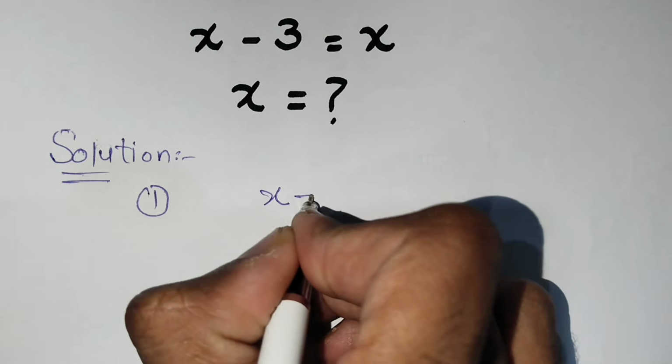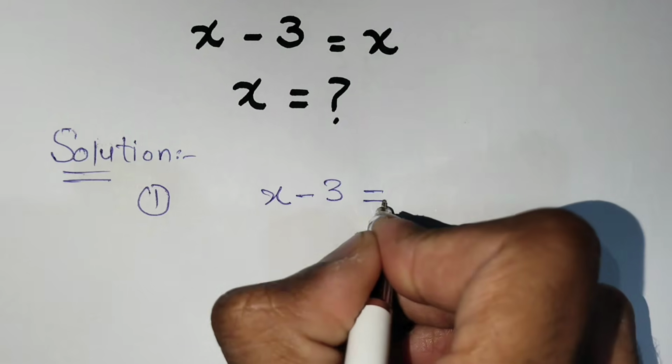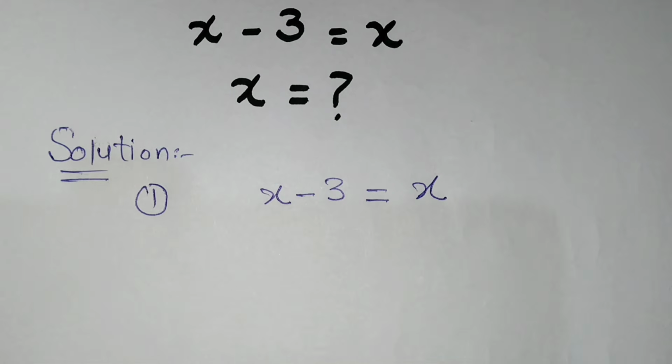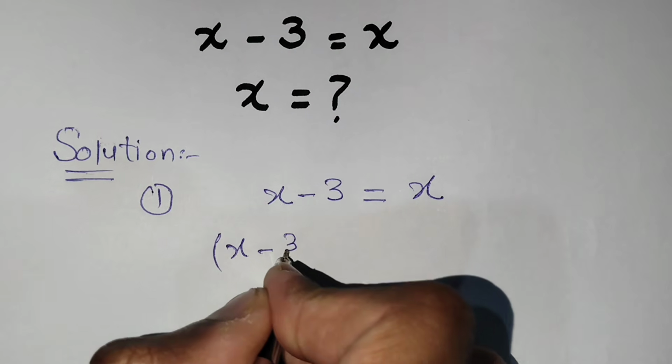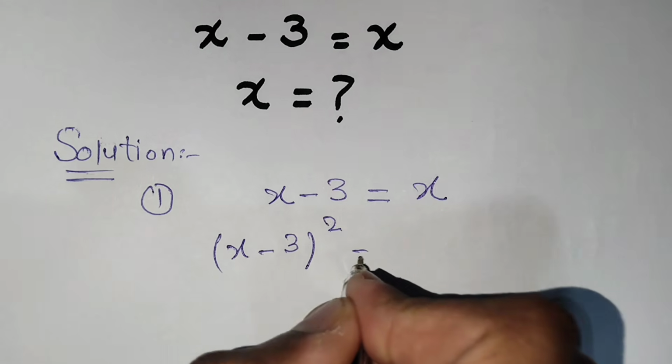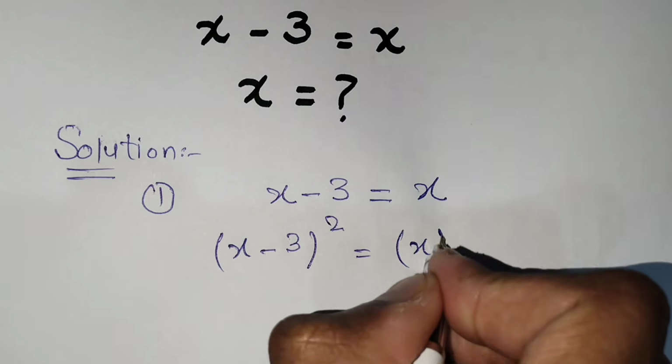We have x minus 3 is equal to x. First of all, we will take the square on both sides of the equation. (x minus 3) whole squared is equal to x squared.